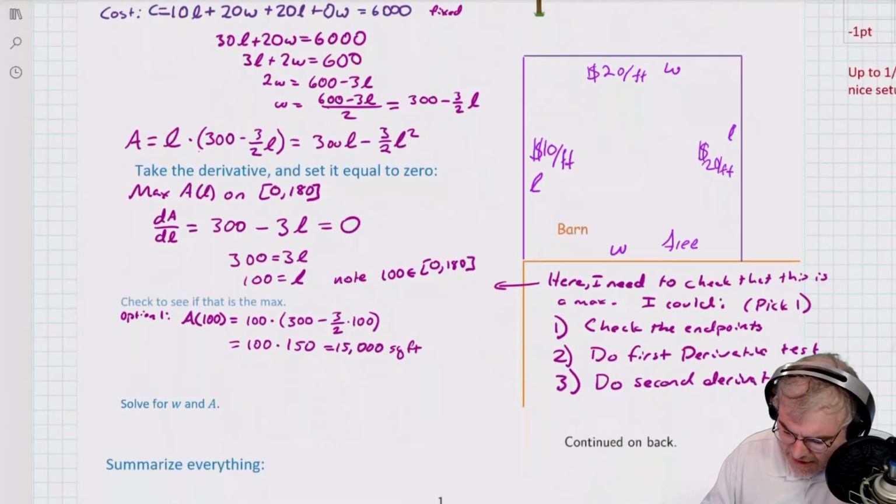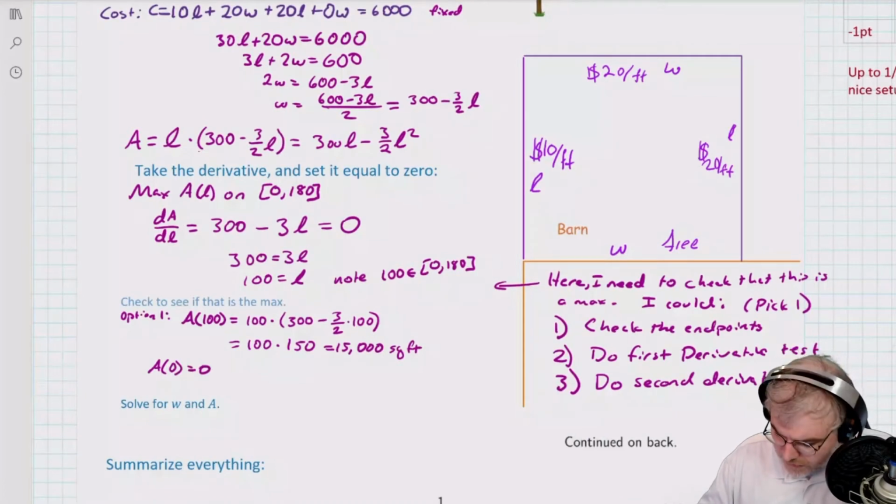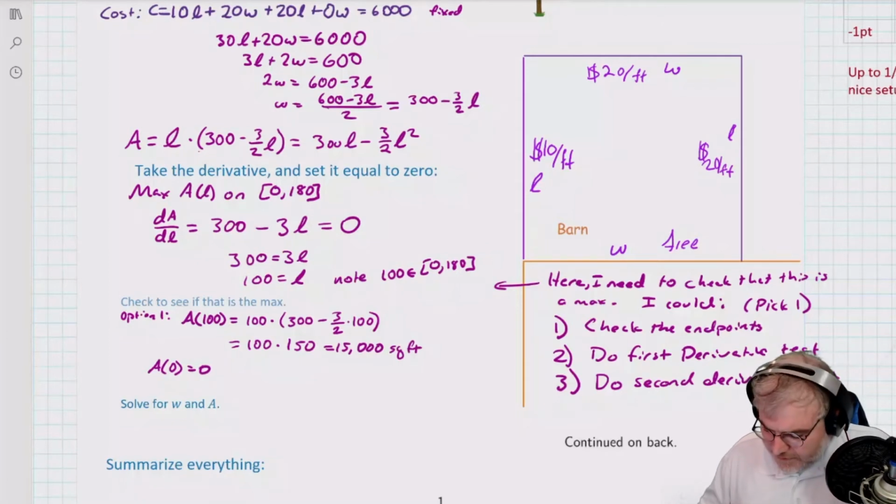Let's see. A of 0 equals 0. Should it be... No, I'm using this equation right here. But yes, you could do that. I didn't want to deal with 100 squared. I could have, if I felt like it, but I didn't feel like it.